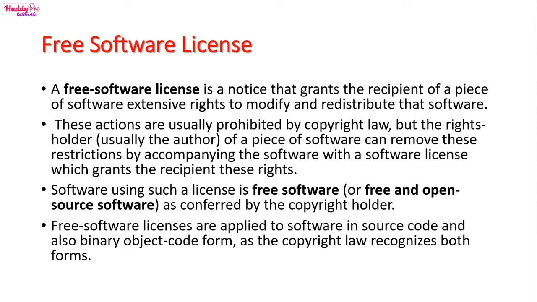The modification and redistribution are usually prohibited by the copyright law, but the rights holder, that's the author or the owner of the software, can remove these restrictions by accompanying the software or his product with a software license, and this license will now grant the user or the recipient of the software these rights to modify and to redistribute the software.